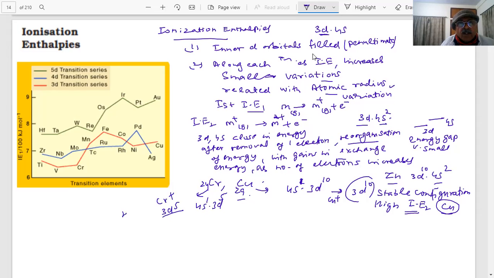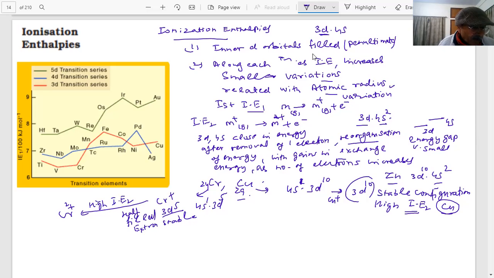This is half filled. Half filled is extra stable. Therefore, removal of the second electron means removing from a stable configuration, so it will require a high IE2. So the second ionization energies of copper and chromium are higher.